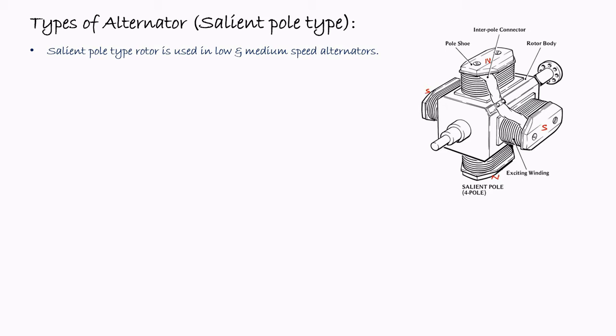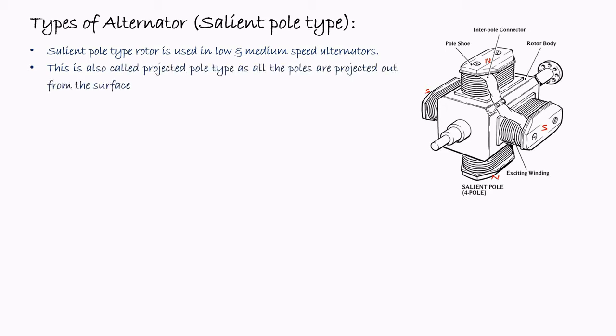As the poles are projected here and the air gap between stator and rotor is not uniform, this type of machine is basically used for low or medium speed applications, because the inertia of this machine is also very high.